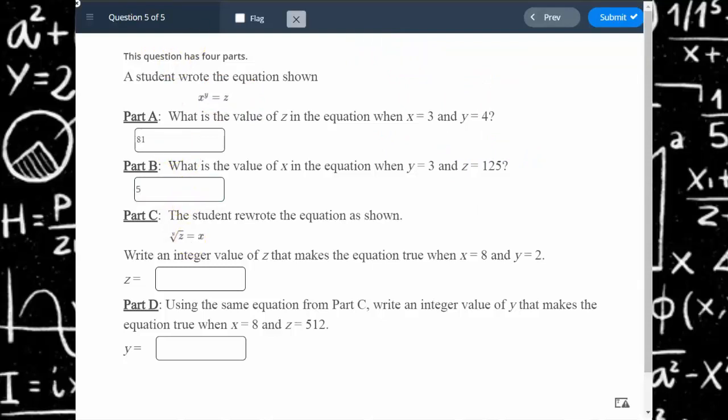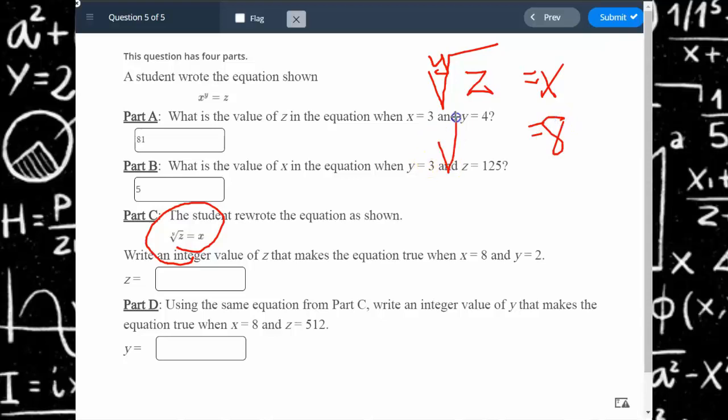Part C. The student wrote this equation now. So we have radical, radicand, index, all equal to x. And in part C, they're saying let x equal 8 and let your index be 2. Reminding you that this index of 2 is invisible typically. The square root and this are equal to each other.